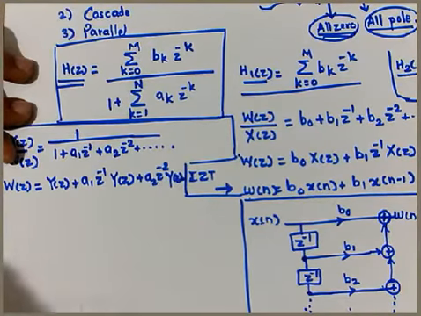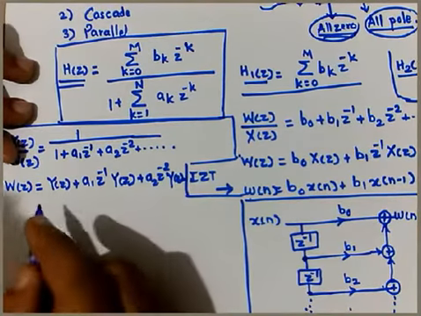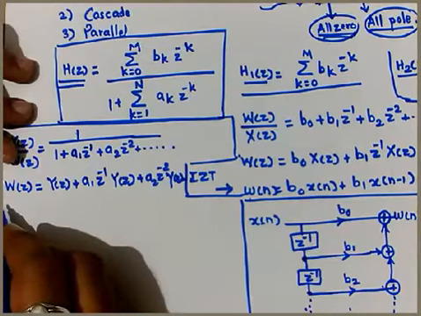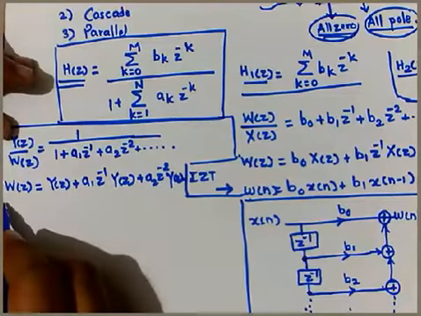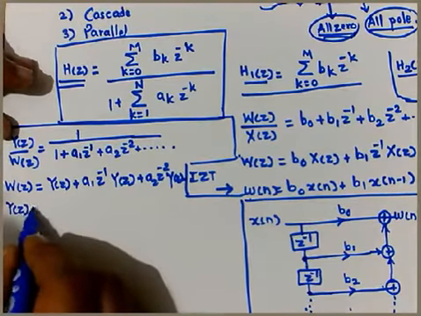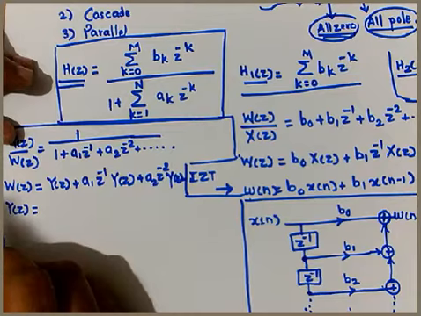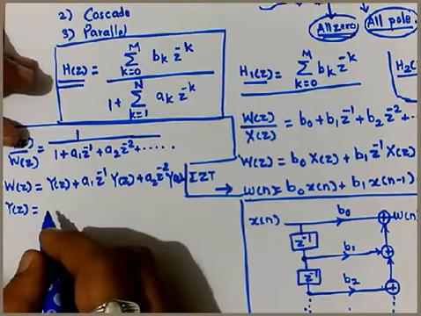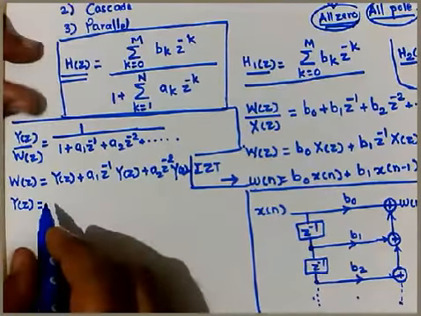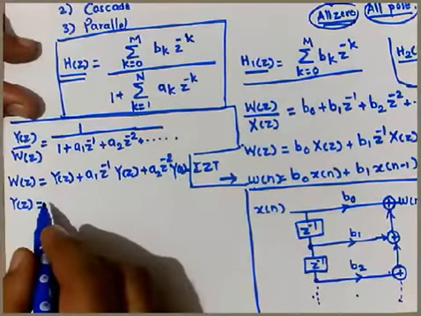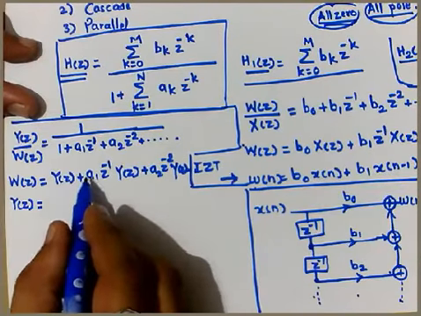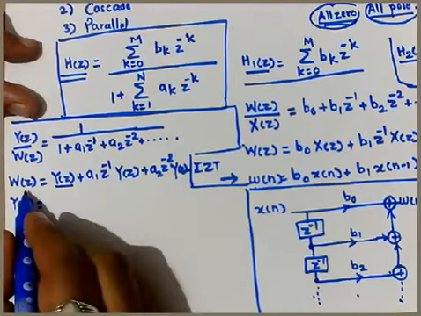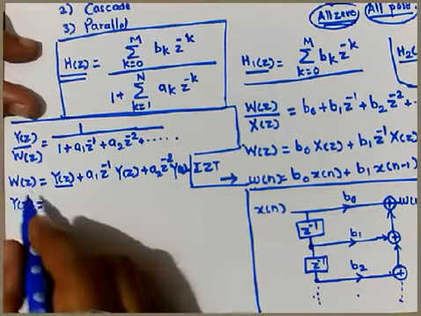So for that we will just adjust it in terms of y(n). Here Y(z) can be written as, let me write it, we can just readjust the terms. So this will become Y(z) is equal to, when I just take it as Y(z), all the rest of the terms will be taken towards the left hand side.